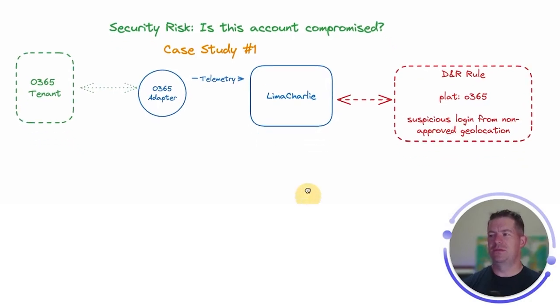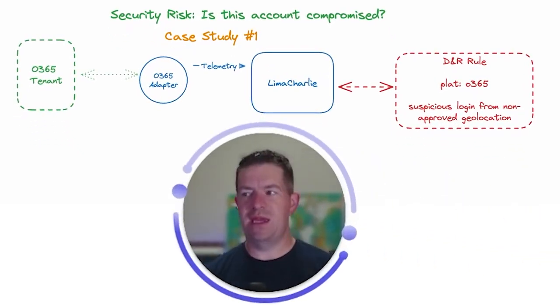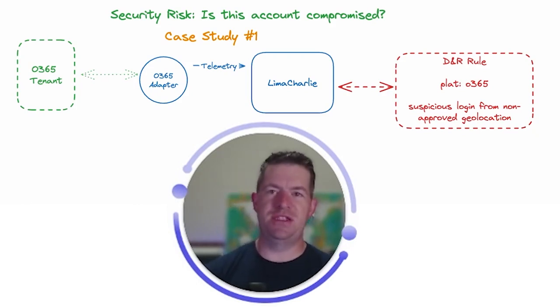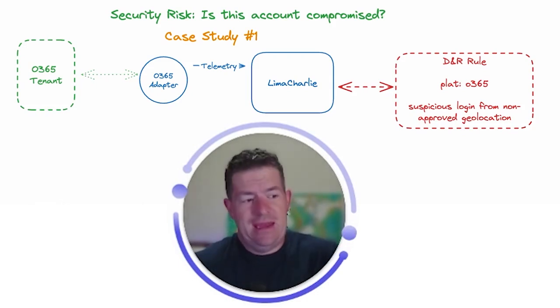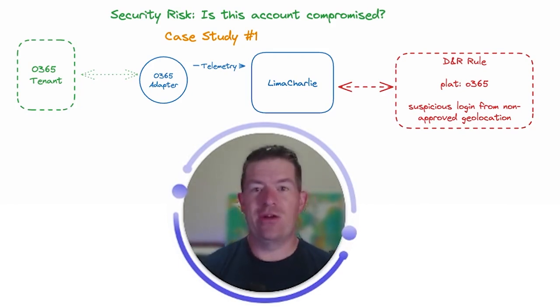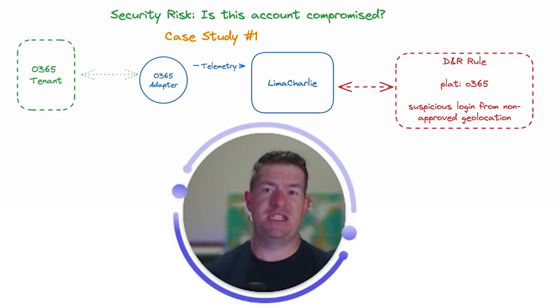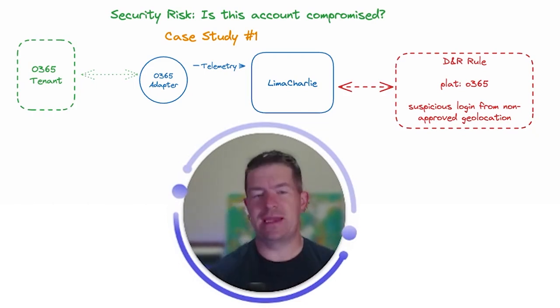Up until this webinar, this is about as far as our workflow would go from a LimaCharlie perspective. That's not to say that the tool was insufficient. You can write your own detection and response rules against LimaCharlie. So I could go as granular as I want in this particular rule. I could say, not only do I have specific rules that I care about or specific geolocations I care about, I also want to rate severities against them.